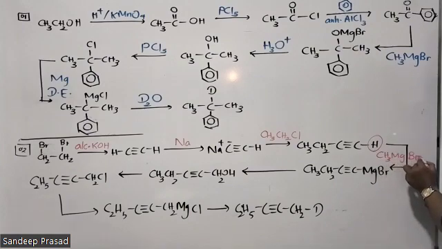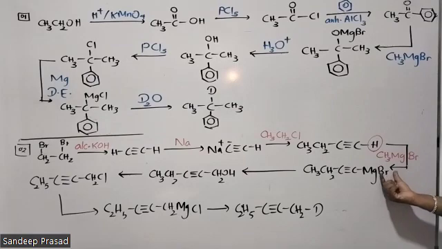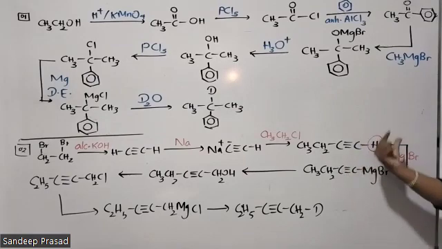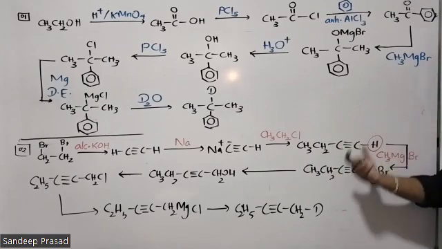Then CH3 is eliminated with hydrogen, giving methane. So it's not the main product, the major product, that they have taken for this conversion. They have taken the byproduct. That's why I told you, right? In conversions, they can use the byproduct also.